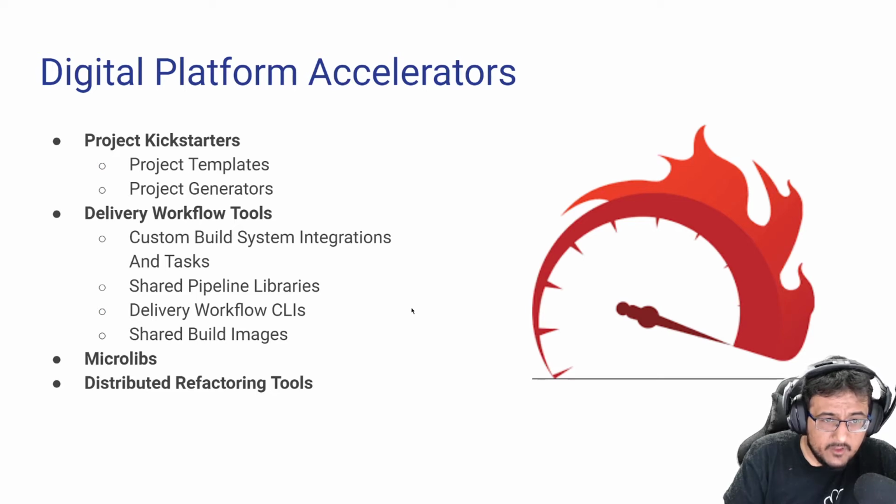We have delivery workflow tools, which take the newly generated microservice and create a paved road to production, making it easier to deploy on all the environments that you may have in your software pipeline. Then another pattern that I have observed is what I call a microlibrary.